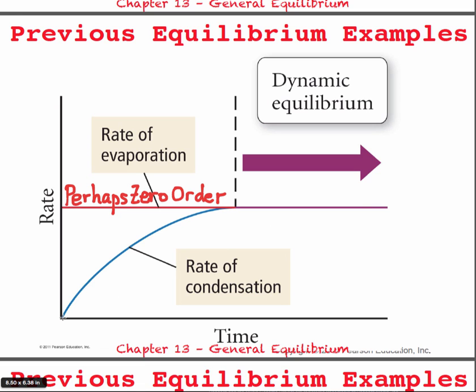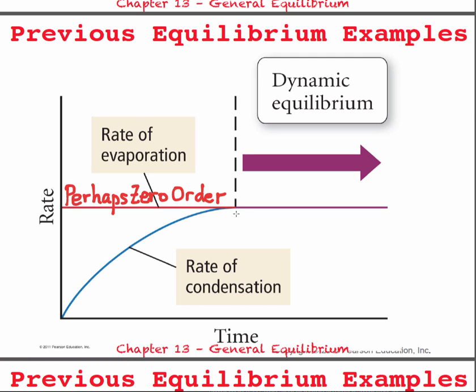But the condensation starts at zero when there's no gas phase water, increasing quickly at first, and then slowly leveling off to the same rate as the evaporation. So at this point in time, whatever time that is, I've reached the place where the evaporation and condensation are equal. I'm in a dynamic equilibrium, some kind of balanced state of evaporating and condensing.